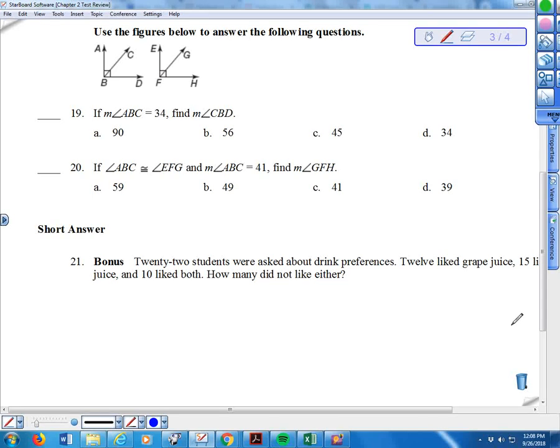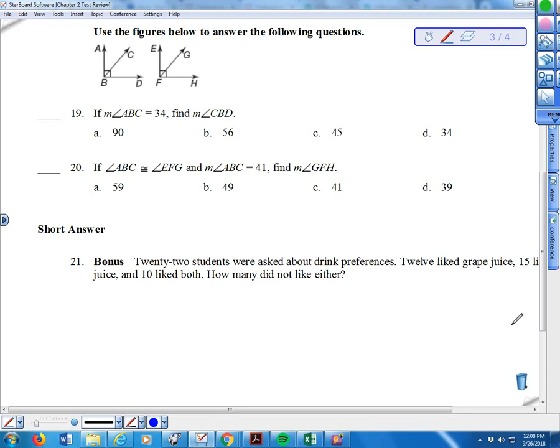If ABC is congruent to EFG and ABC is 41, find GFH. Because 49 and 41 are complementary, and EFG then would be 41, so GFH must be 49.